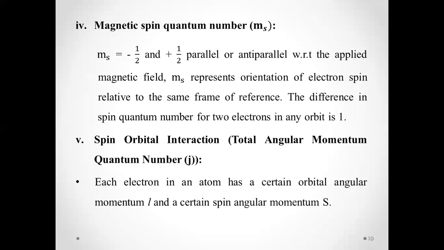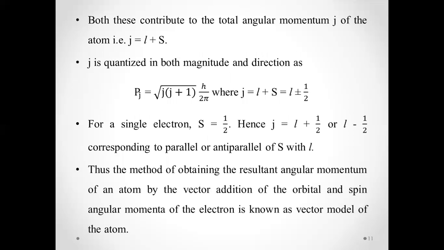Here, each electron in an atom has a certain orbital angular momentum represented by small l and a certain spin angular momentum identified by s. Both these quantum numbers contribute to the total angular momentum J of the atom. That is, J is equal to L plus S.